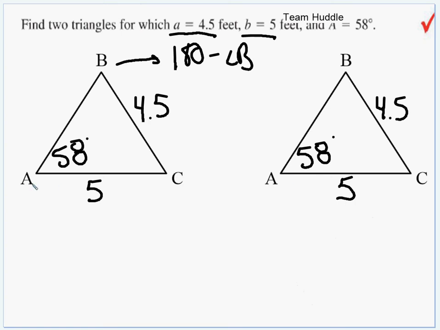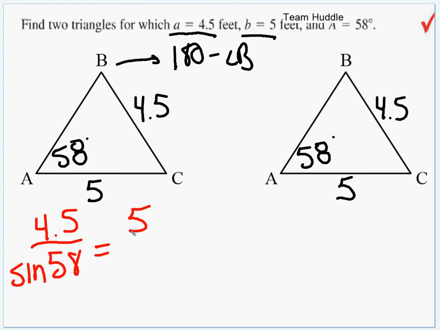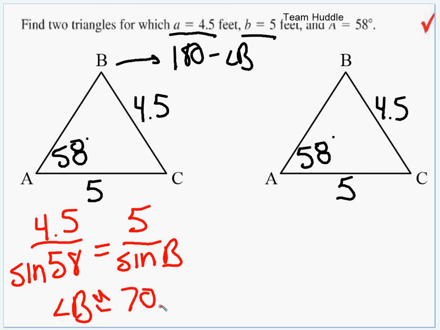All right, on the left side, we've got 4.5 over the sine of 58, and that is equal to 5 divided by the sine of angle B. So there's our setup. And in this case, when we cross multiply and sine inverse, you should get angle B is about 70.4.